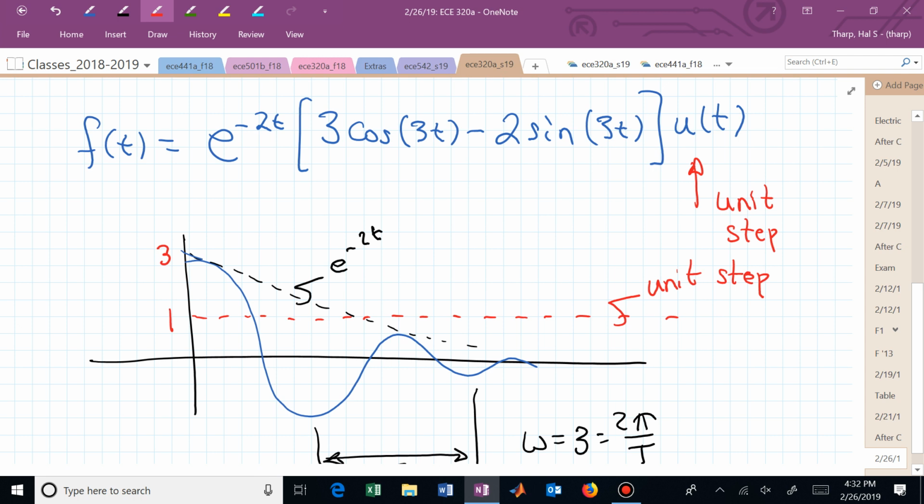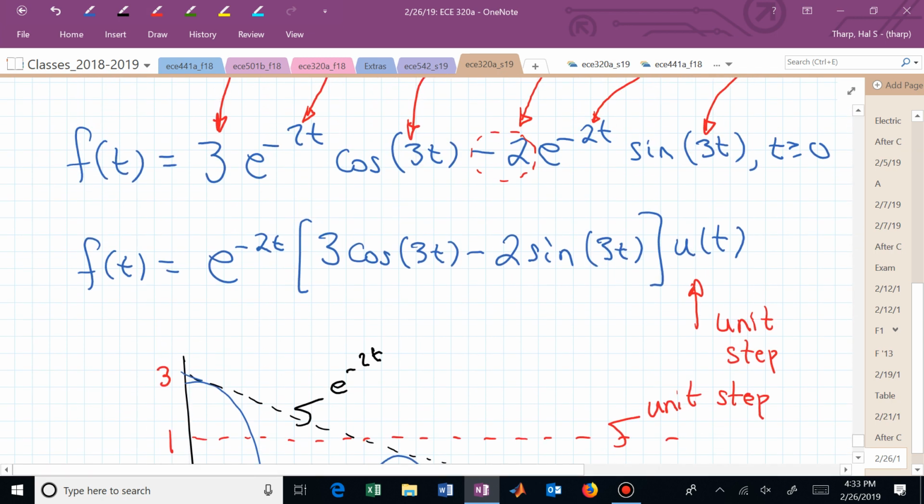If that u of t was not there, I would have to continue drawing this blue exponential cosine to the left of the origin, to the left of t equals 0. It's really just a compact way of rewriting, comma, t greater than or equal to 0.